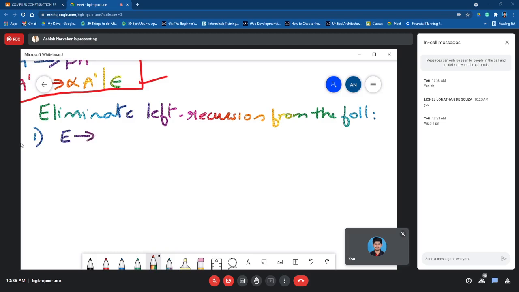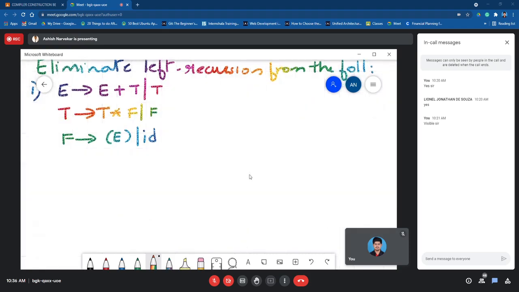E derives E plus T or T, T derives T star F or F, F derives ( E ) or ID. Okay, so this is a grammar that is given to us, and what we are supposed to do over here in this grammar is that we have to eliminate the left recursion.